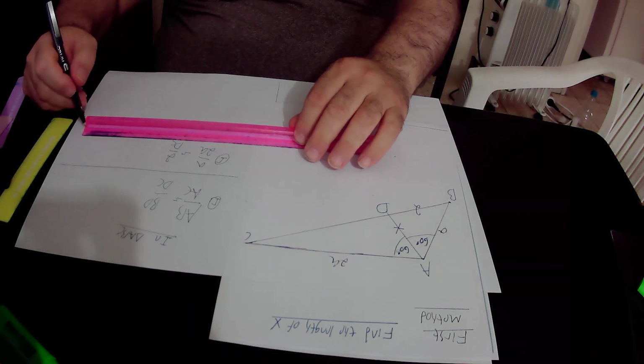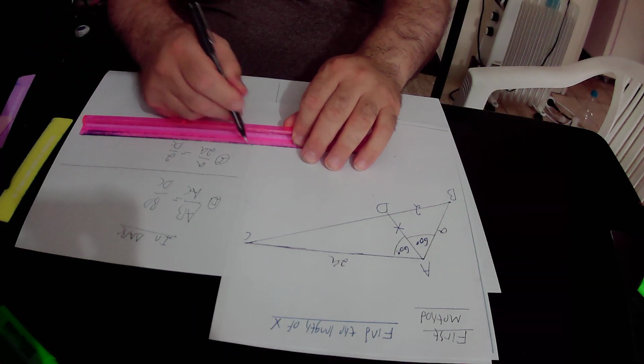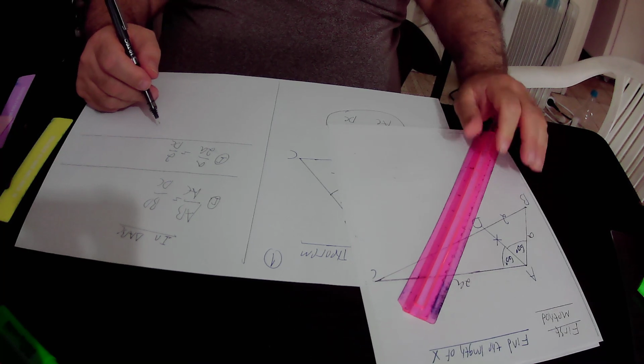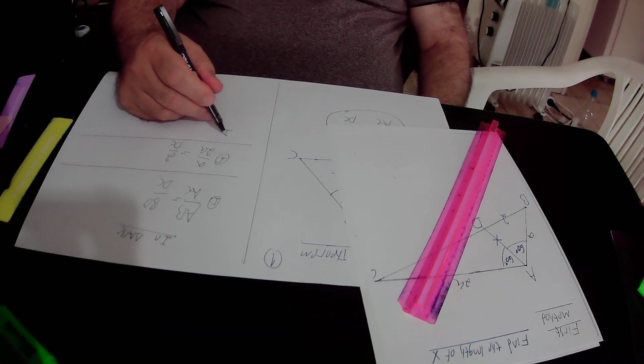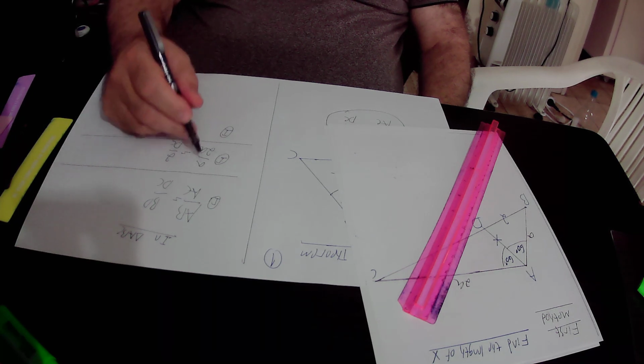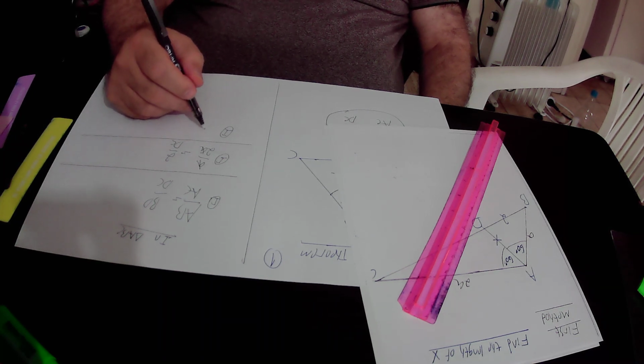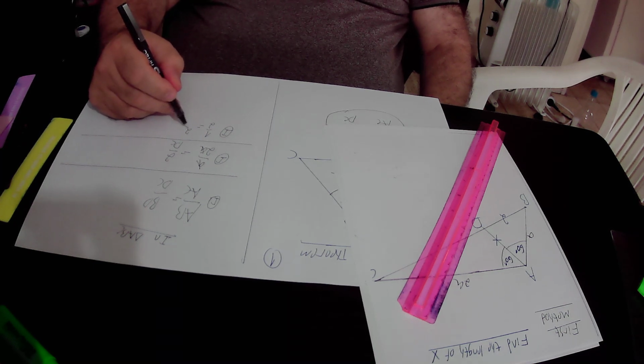So in conclusion, according to equation number 1, we found out that A over 2A equals 2 over DC. A over A is 1, so A will get cancelled, and we are left only with 1 half, that is equal to 2 over DC.